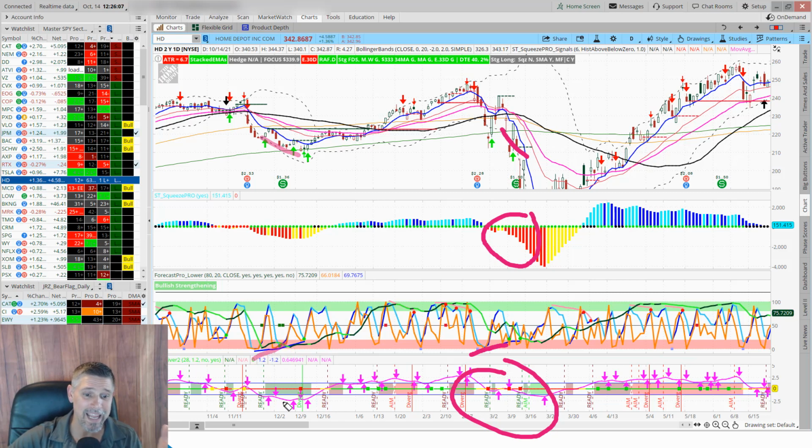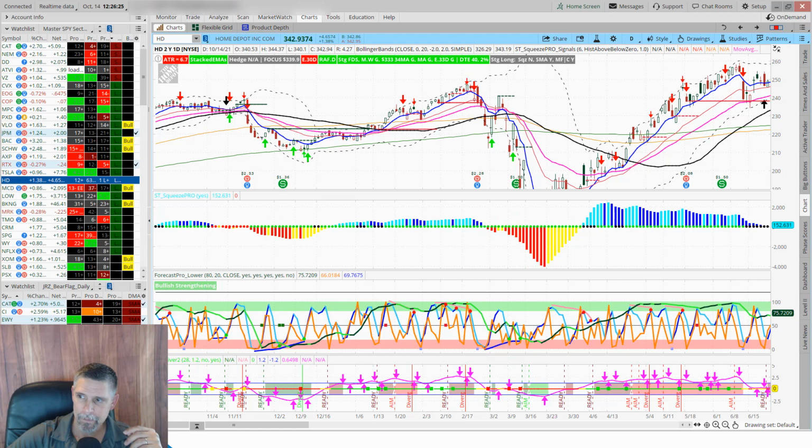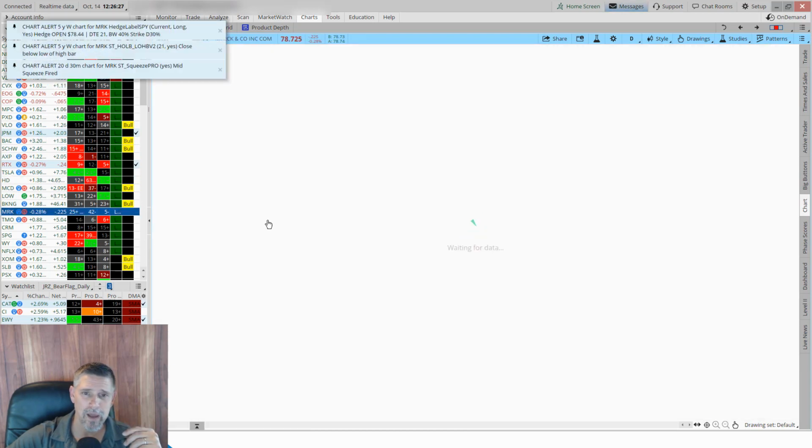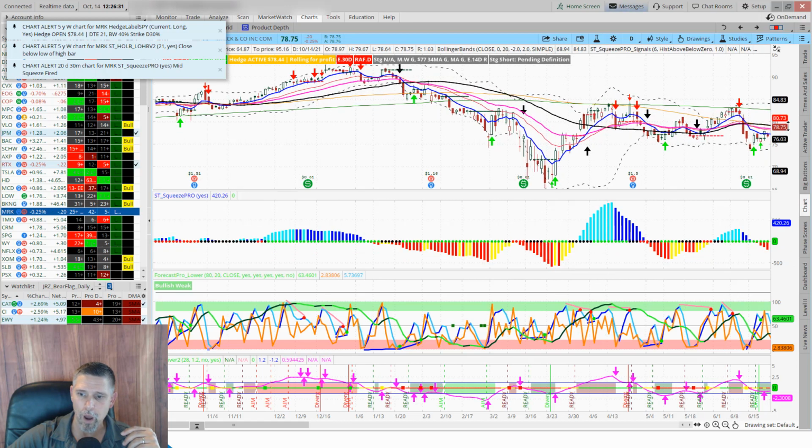Going up, and again, the RAF didn't have it yet, nor the squeeze, but right here on the Forecast Pro, it visually showed me, hey, listen, the oscillator is starting to gain momentum while the price is losing momentum, okay? And let me just kind of flip to another and see if I can find one that has a good divergence on all of them.